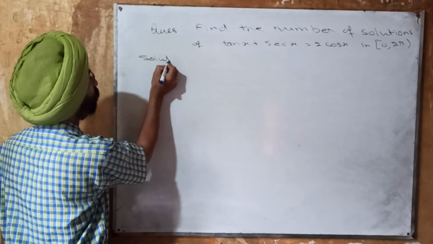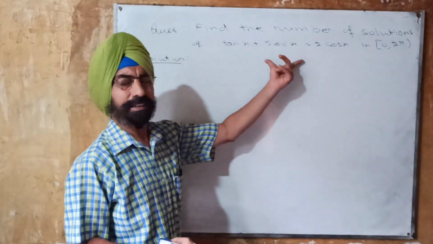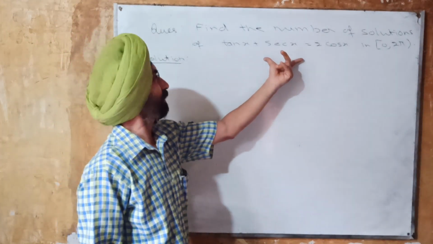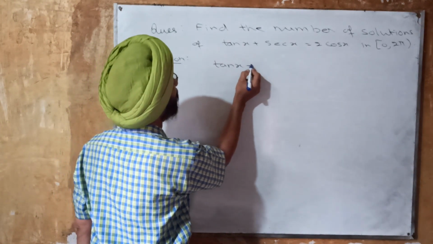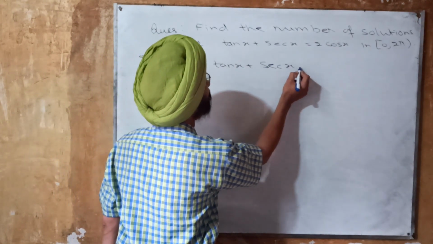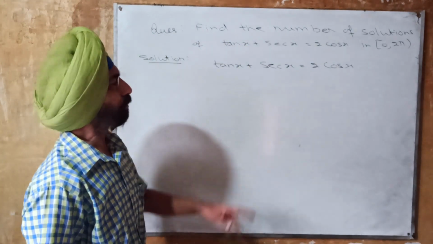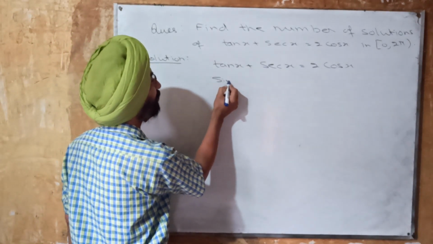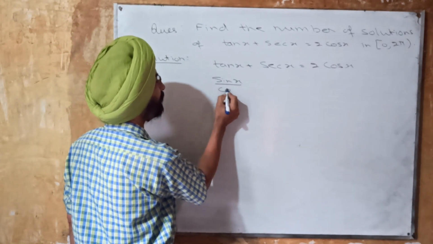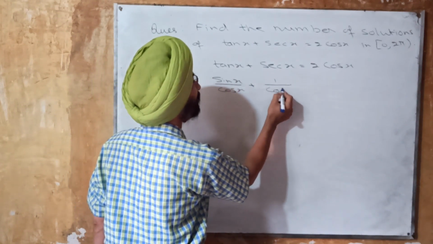So what are we to do? First of all, we will solve this equation a little bit. This is tan x plus secant x is equal to 2 cos x. Now I am going to write this tan x as sin x over cos x, and then this secant x as 1 upon cos x.